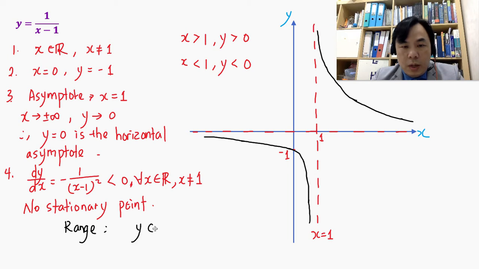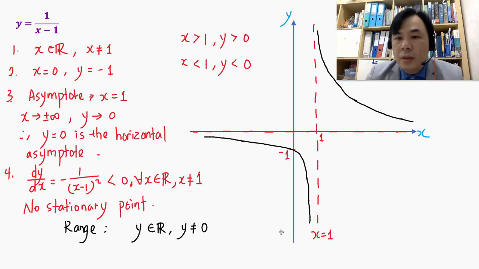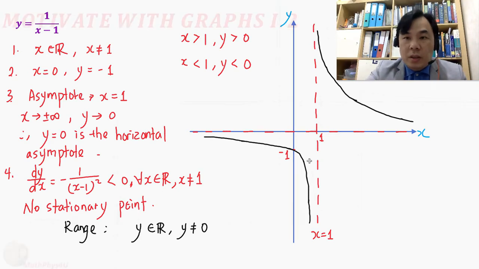So the y are all real numbers, except equal to 0 here. Now, of course, if you want to put it into a real life context, then you have to check whether your domain can accept negative numbers or not. Okay, so I hope that is clear for this example. Stay tuned for the rest of the examples.